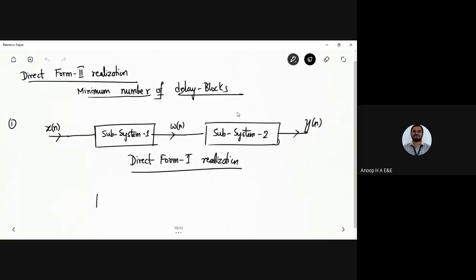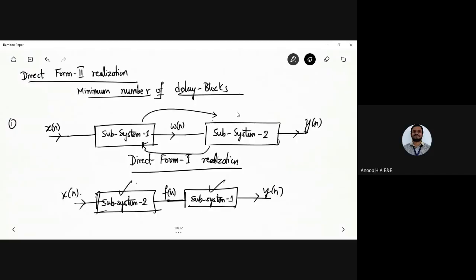After interchanging both system 1 and system 2, this is system 1 here, and I'll be replacing it here as subsystem 2. Subsystem 2 and this one is subsystem 1. By interchange, this one is f of n, so this is the output as y of n.